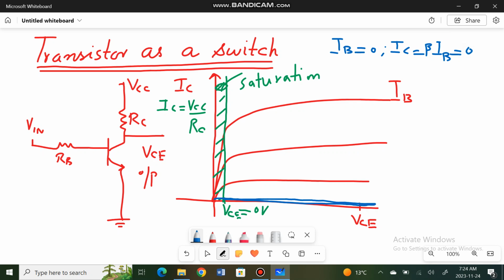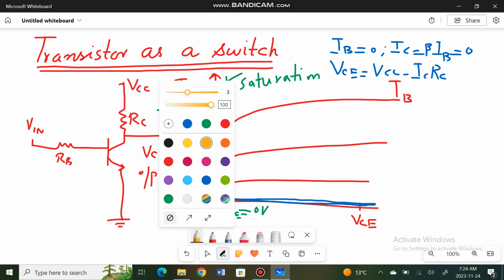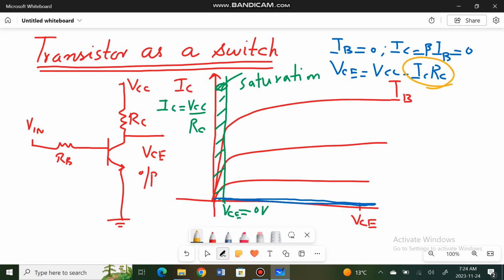Now from the circuit of the transistor, we know that VCE is equal to VCC minus IC times RC. So when this term becomes 0, then VCE will be equal to VCC. So this is the identification over here: VCE approximately equal to VCC.